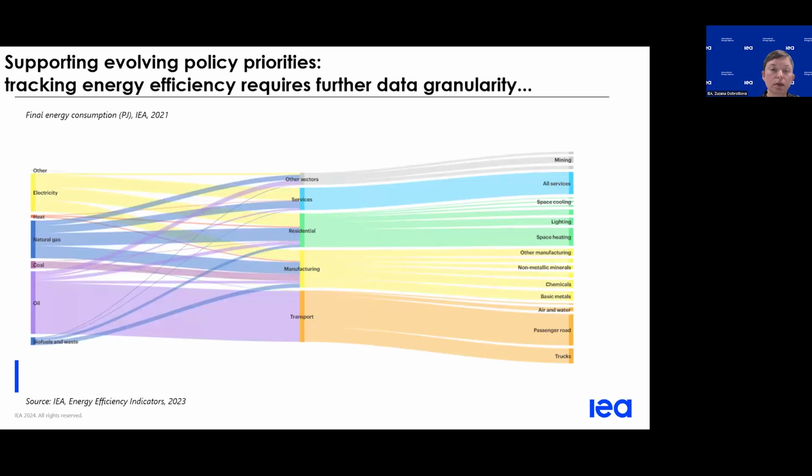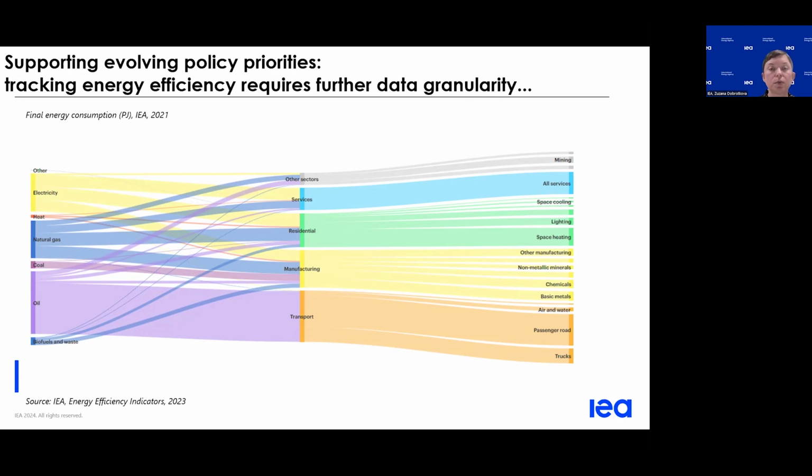And one of my final slides is that energy statistics and energy balances then support tracking, for example, energy efficiency, though oftentimes for that we require much more detailed data than just final uses as they show in energy balances.